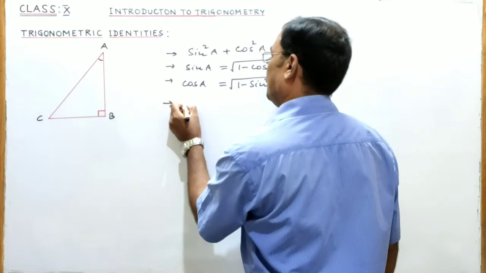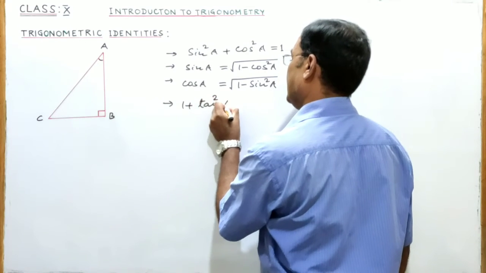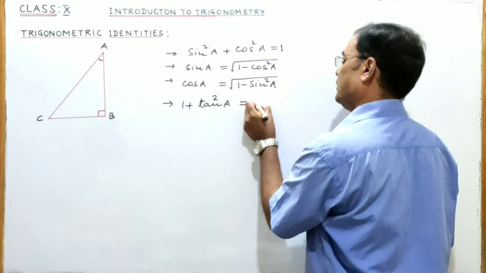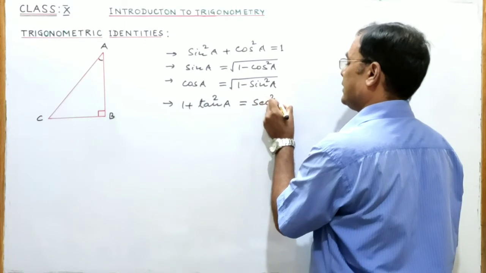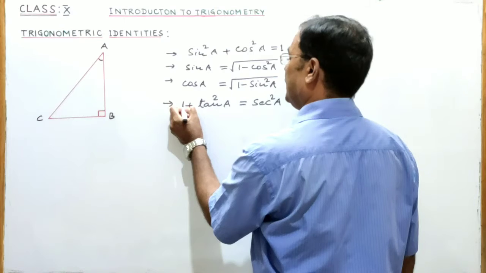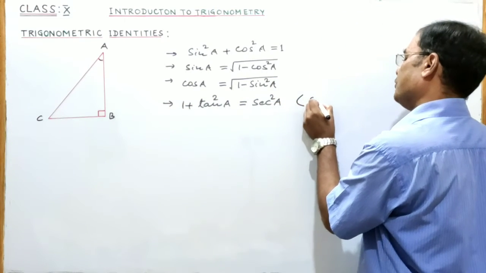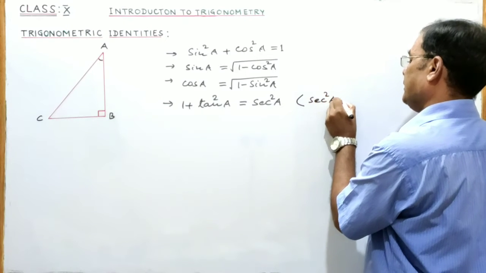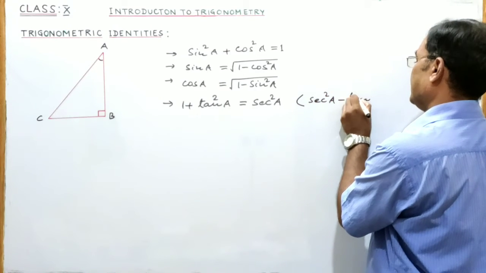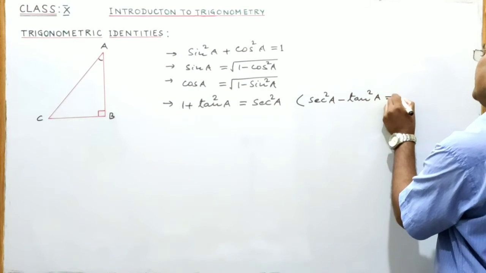Next is 1 plus tan square A equal to sec square A. From this identity also we can understand sec square A minus tan square A is equal to 1.